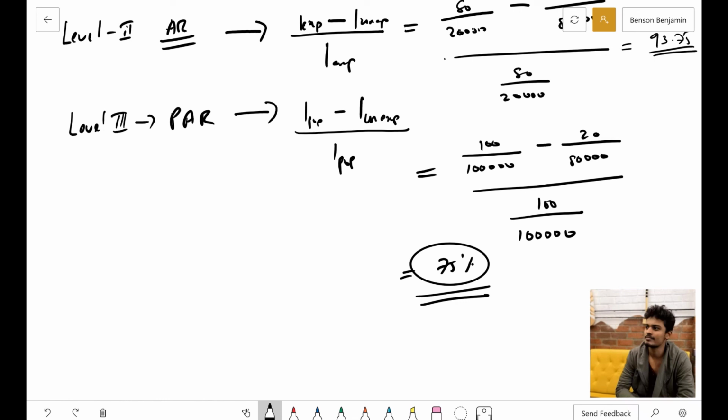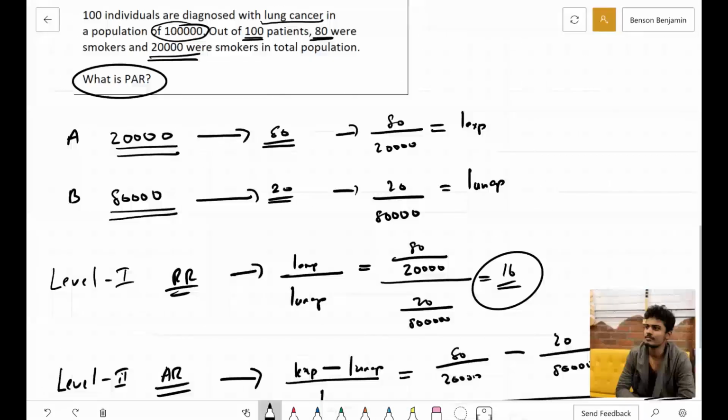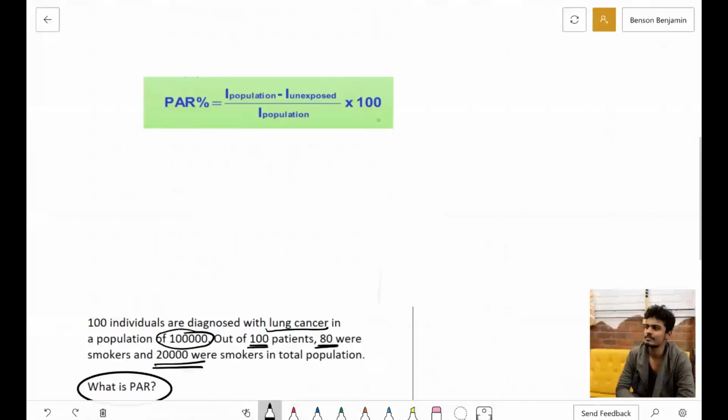So totally we have 4 levels of concepts and 3 levels of problems. That is the total thing you have to calculate with respect to cohort study. And in case control study also, there is something called the odds ratio or the cross product. It is quite an easy thing. The only thing you need to do is to find out the 2 by 2 table.